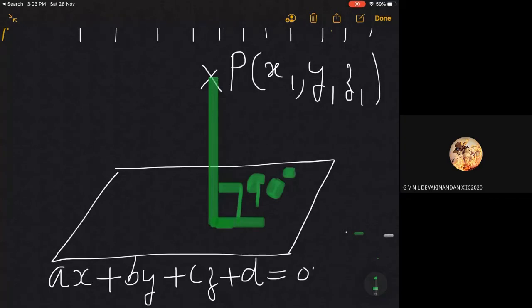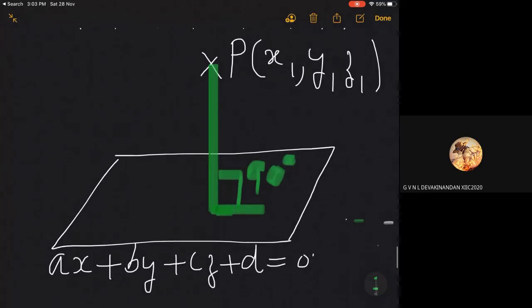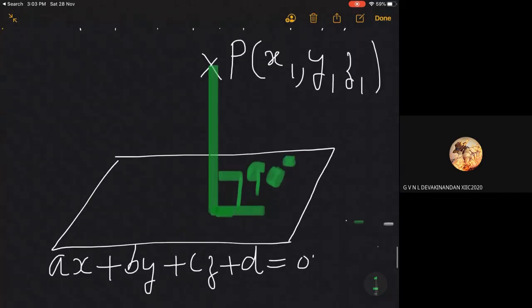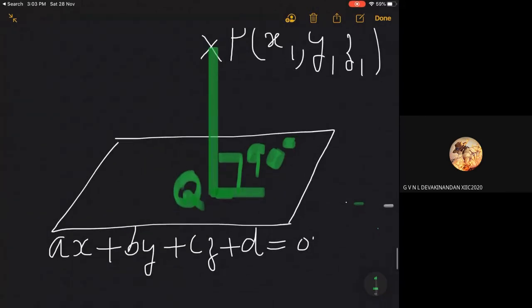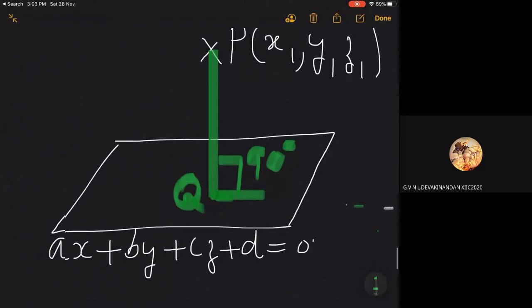So I'm just giving you the direct formula. The perpendicular distance, suppose this is Q. We know that PQ is making an angle of 90 degrees with the plane.